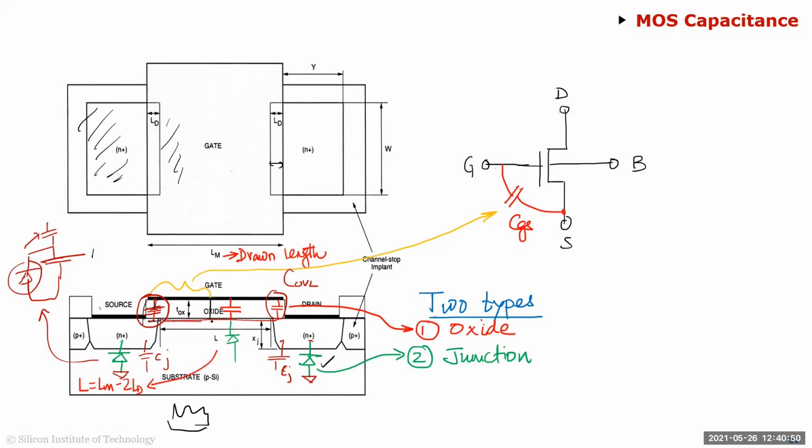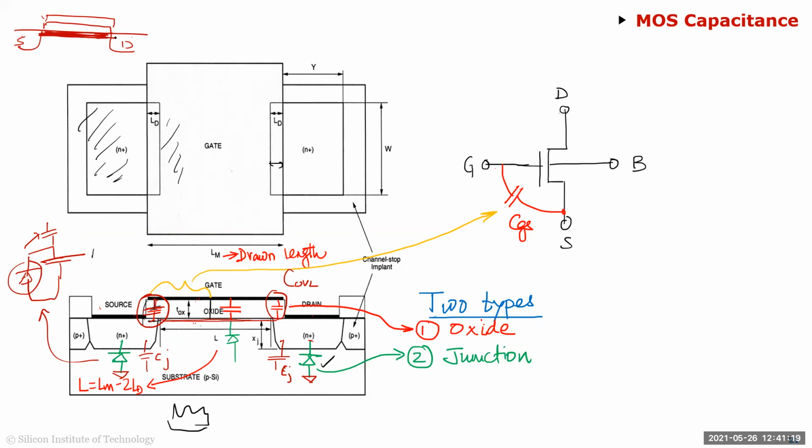Because when a channel is formed, this gate to this channel is the total cap, but because your node is divided into 2 nodes here, so let's say the channel is completely formed, right? So you have this is your source, this is your drain, and you have this channel completely formed here, right? And you have this gate here. So let's say the VDS was 0, almost 0.